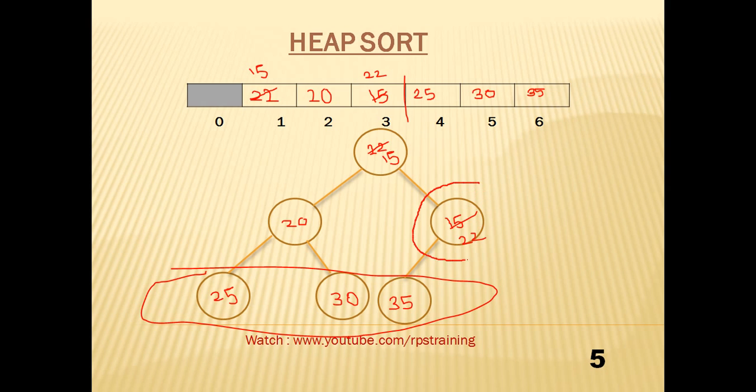Now it is also an eliminated item. The array contains only two items. The heap contains only two items here, 15 and 20.